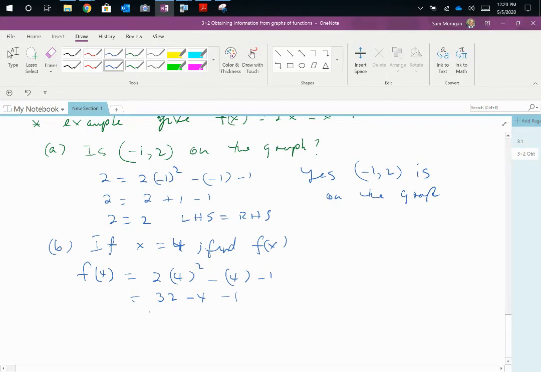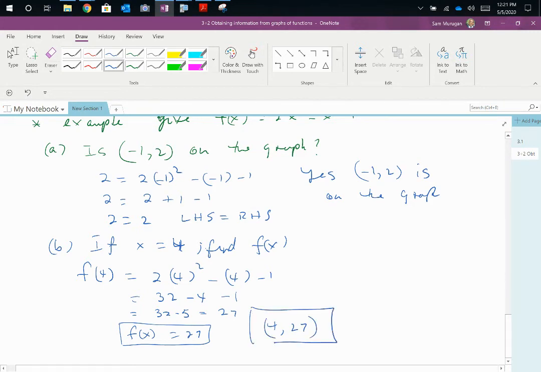Yes, it is right. I'm sorry. So that is 32 minus 5, which is 27. So f of x, when x is equal to 4, is equal to 27. And the point is 4 and 27.